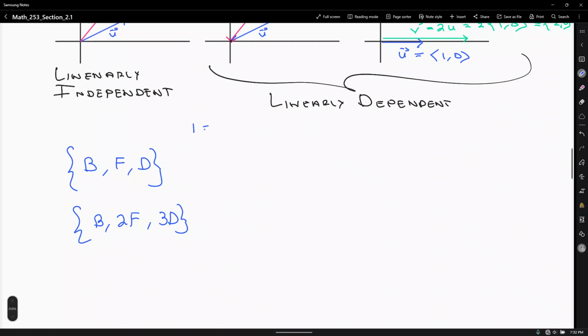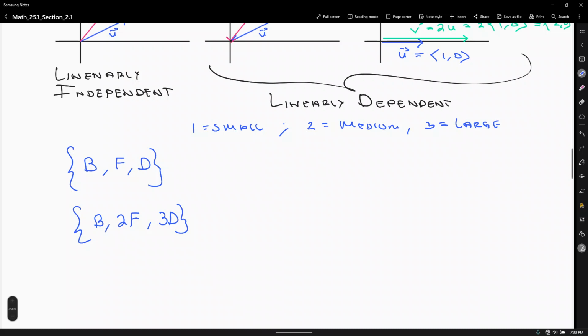So coefficient 1 is small, coefficient 2 means medium, and coefficient 3 means large. Okay, all right.